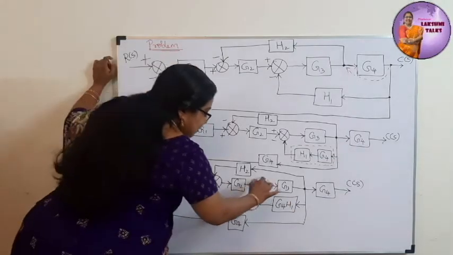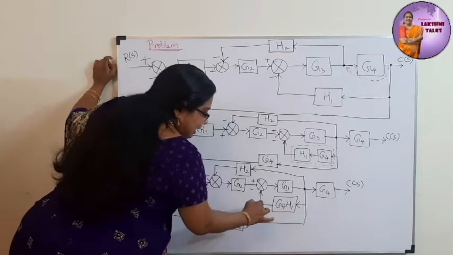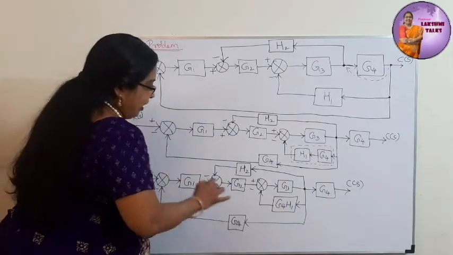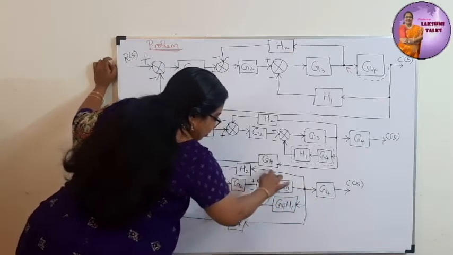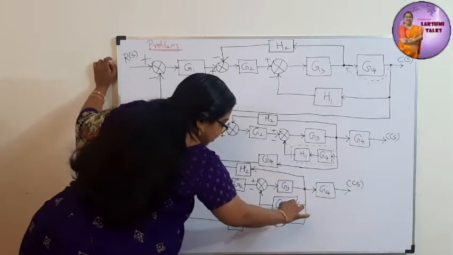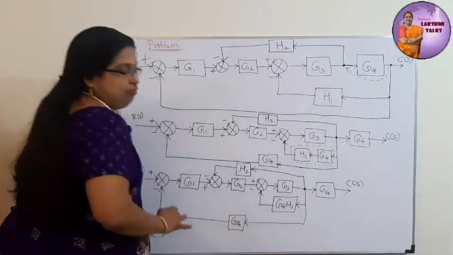Now what is the next step? This is a simple feedback, right? From this takeoff point, signals are taken to H2, G4 H1, as well as G4, right?